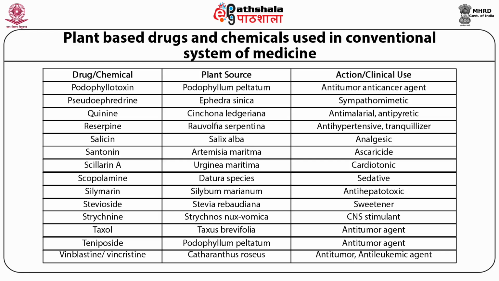We have other anti-cancer drugs like the last three entries: teniposide from Podophyllum peltatum, vincristine and vinblastine from Catharanthus roseus, which have anti-tumor, anti-leukemic effects. Not to forget to talk about Taxol, obtained from Taxus brevifolia, which started this anti-cancer therapy. It is still in use as such or as derivatives.